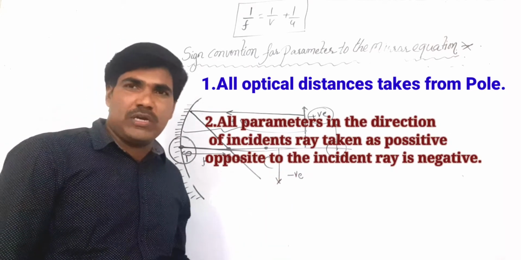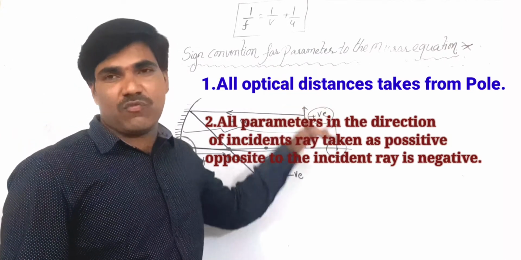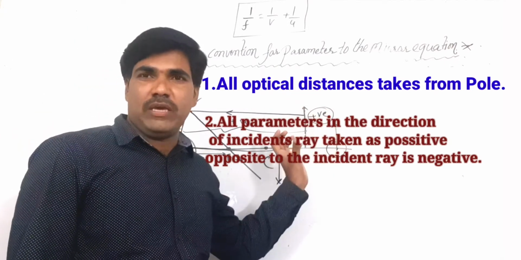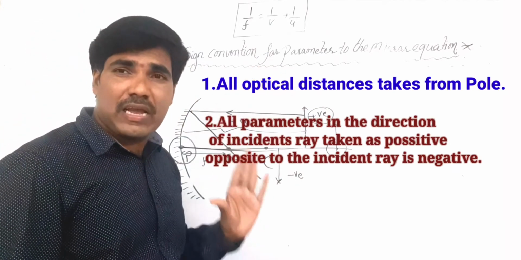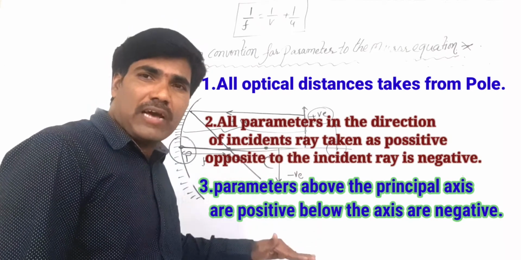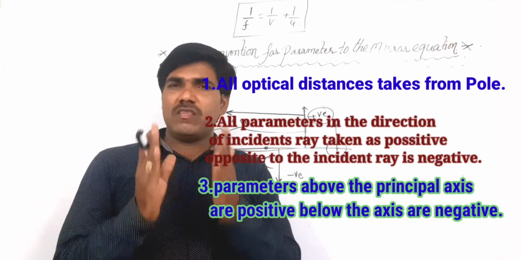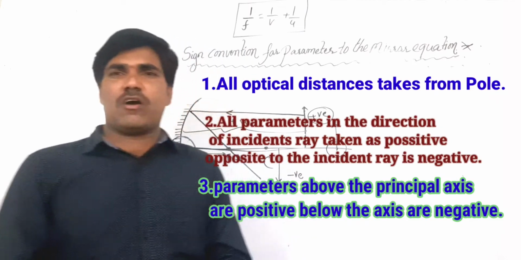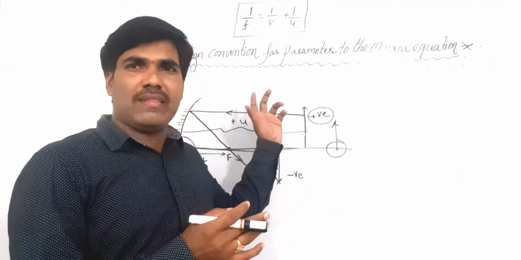And the last point, when we consider the heights of images or heights of objects, above the principal axis is taken as positive. Below the principal axis, it is taken as negative. These three conventions must be followed for finding any focal length, image distance, or object distance.